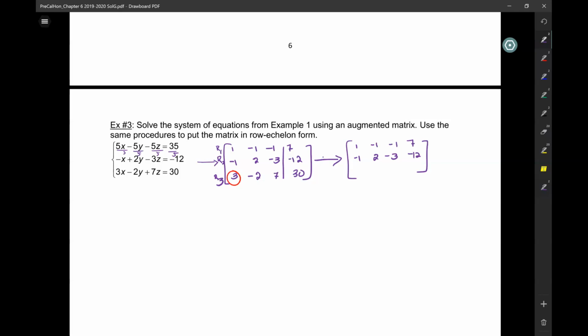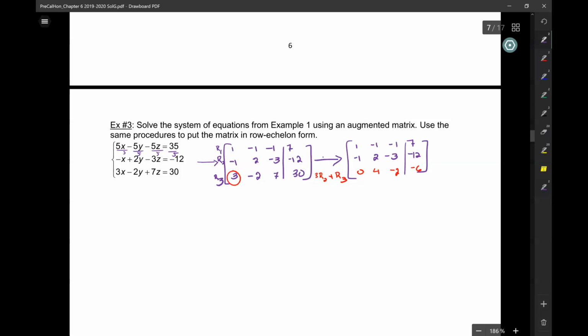So write that down here. 3 row 2 plus row 3. So here I get a 0. And then 6 minus 2, I get a 4. And then negative 9 plus 7, negative 2. Negative 36 plus 30, negative 6.